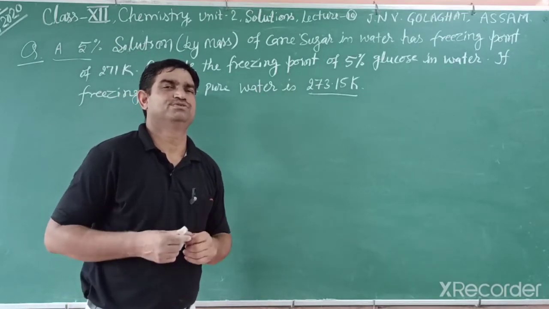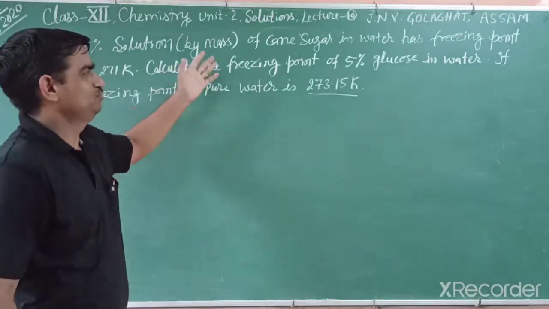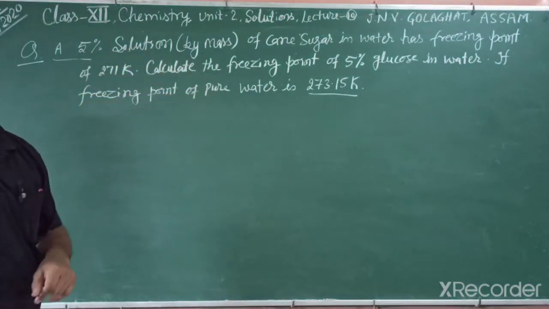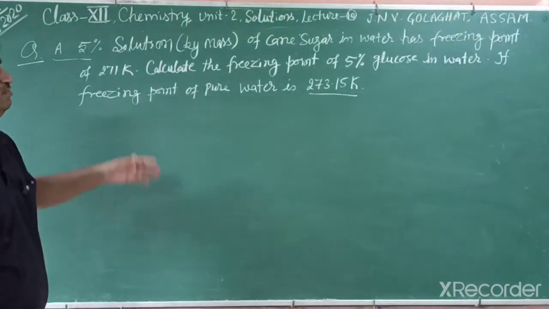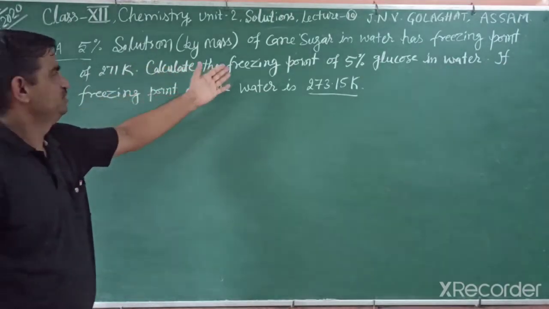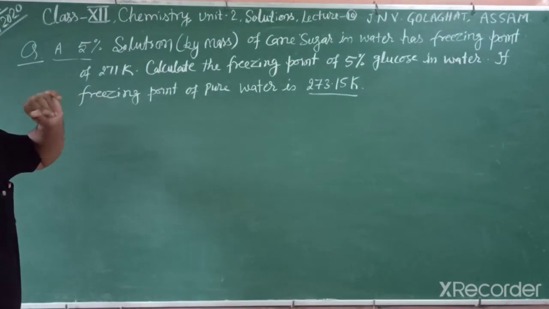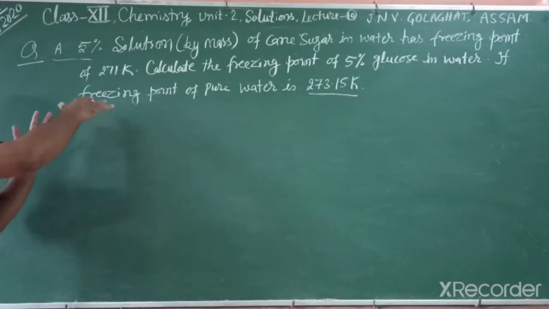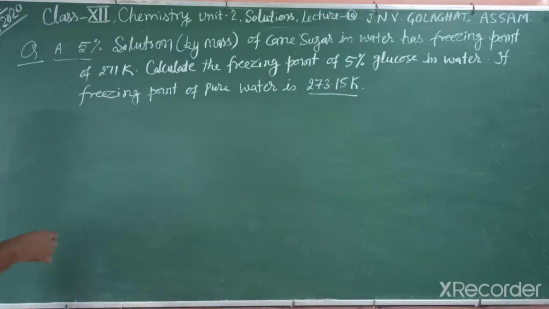Students, how can we solve this numerical? Only two data are given: one is 5% cane sugar, the other is 5% glucose, and we have to find the freezing point. So don't panic, at first we write one by one and we will solve.